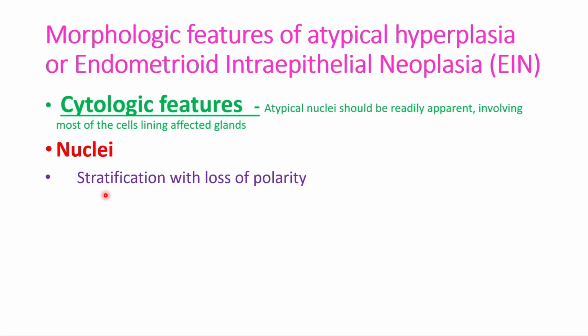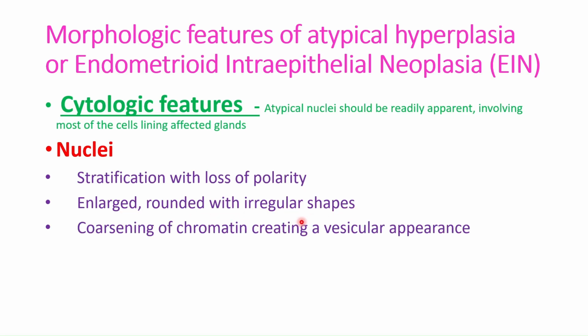Now, nuclei: there is stratification with loss of polarity, right? In endometrial hyperplasia without atypia, polarity is maintained. Here, enlarged, rounded nuclei with irregular shape, coarse chromatin creating a vesicular appearance, prominent nucleoli, and variable mitotic activity.